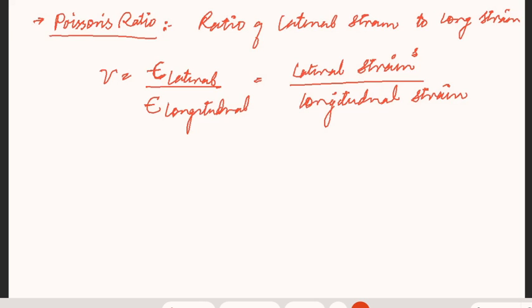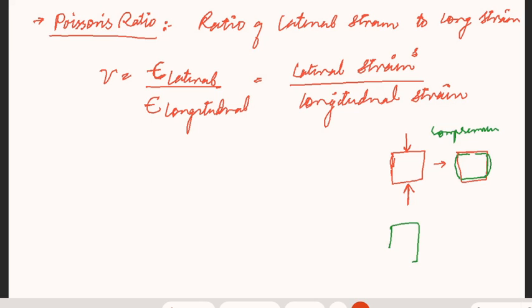If we have a simple elastic member and we apply compressional forces, longitudinally it will decrease, and laterally there will be bulging, right? This is when you apply compressive forces.